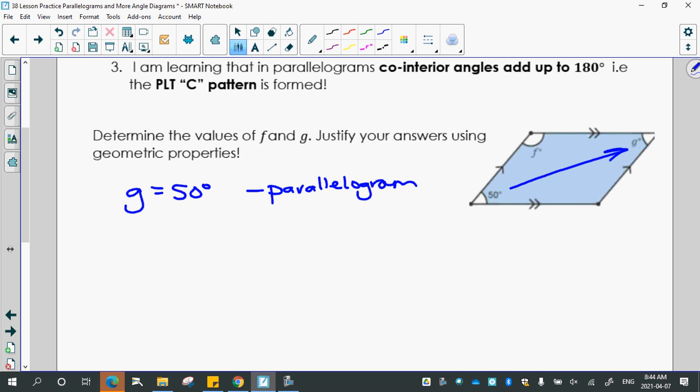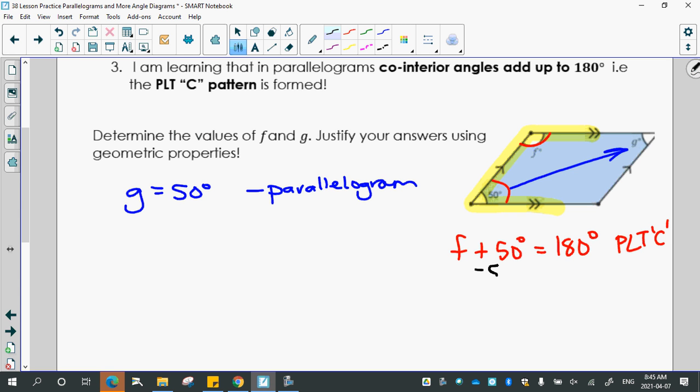Now for F, I have to use the co-interior angles. I've got a C pattern there. So I can make the equation that F plus 50 degrees is equal to 180 degrees. We have to justify our answer, so that's PLT, C pattern. Parallel lines theorem, C pattern.